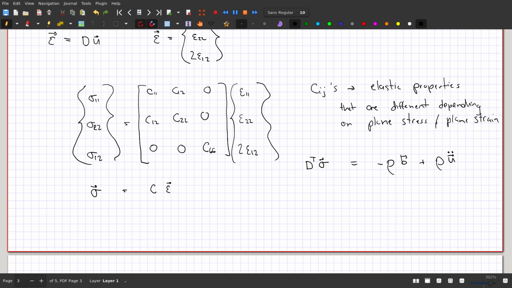So this is equal to then, if we plug in the equation, stress equals C times strain, we have D transpose C epsilon. And then if we plug in the relationship epsilon equals D times U, we have D transpose times C times D times U. And then that's equal to the right-hand side.